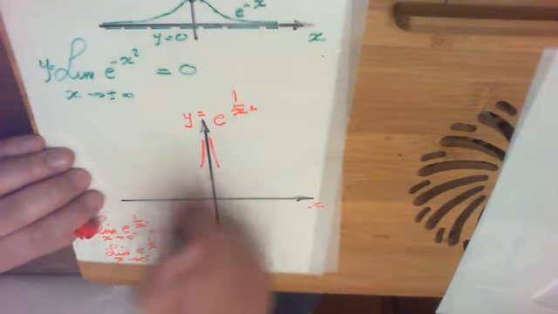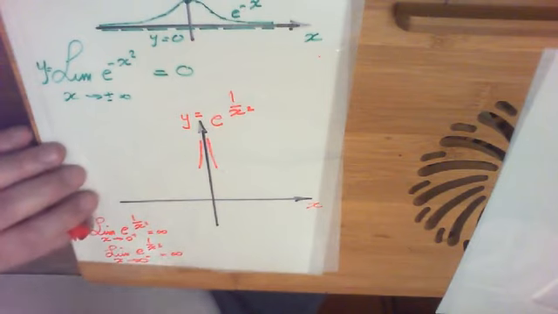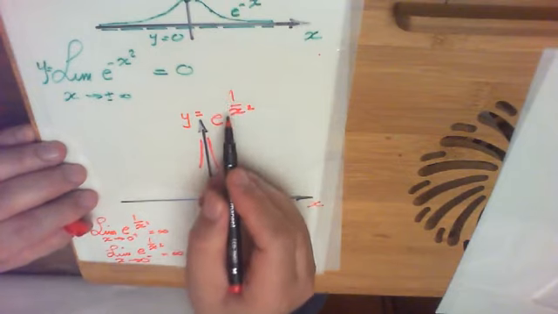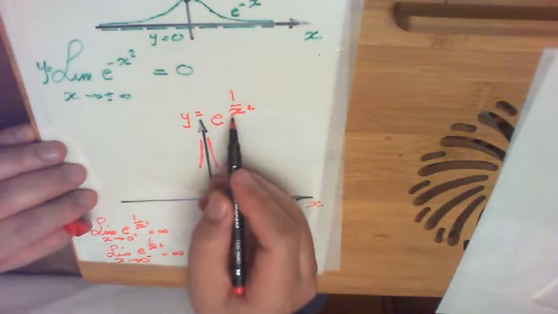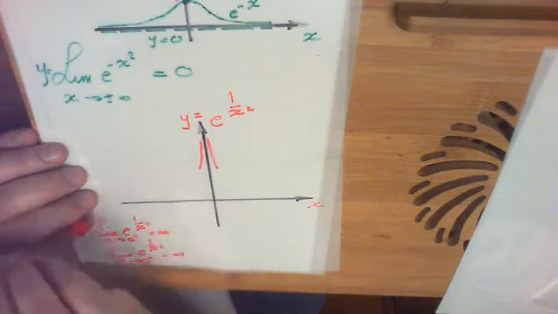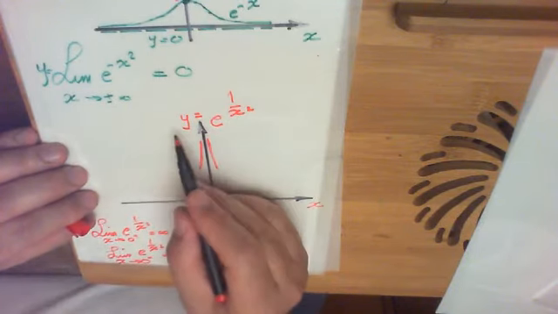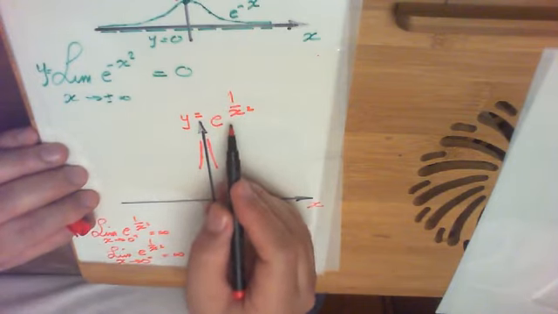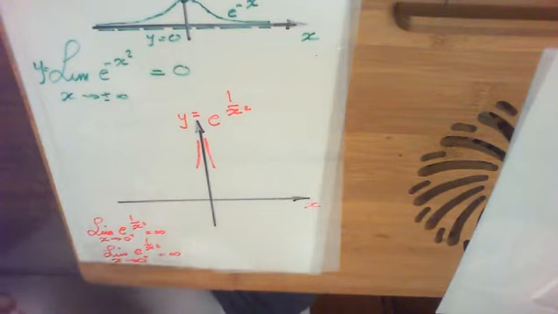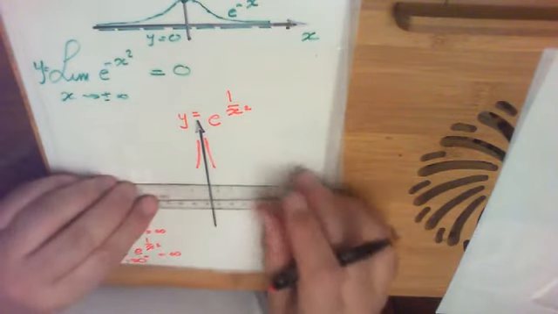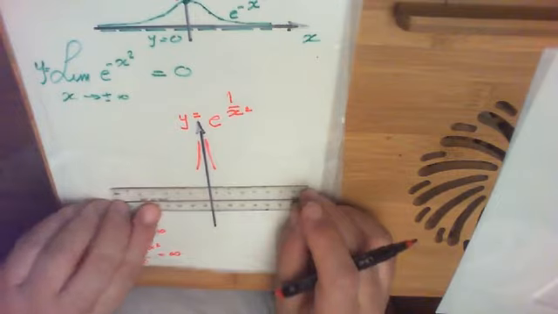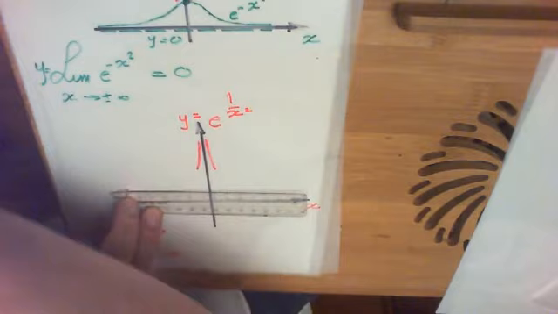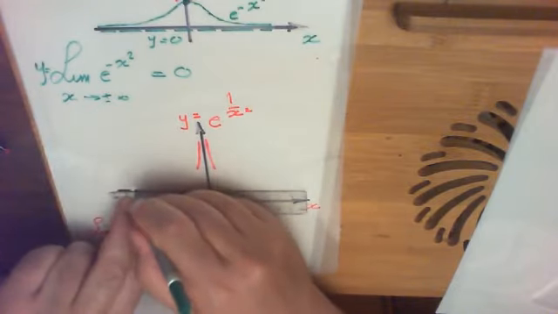As x approaches minus infinity, 1 over infinity is 0, e to 0 is also 1. So in both cases we have y equals 1 as a horizontal asymptote.